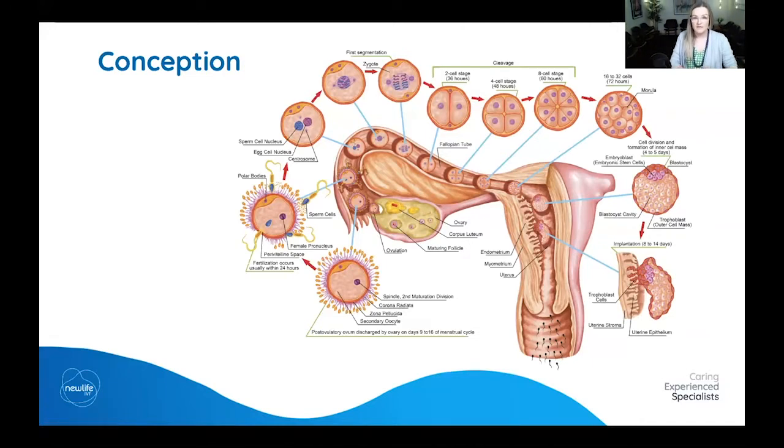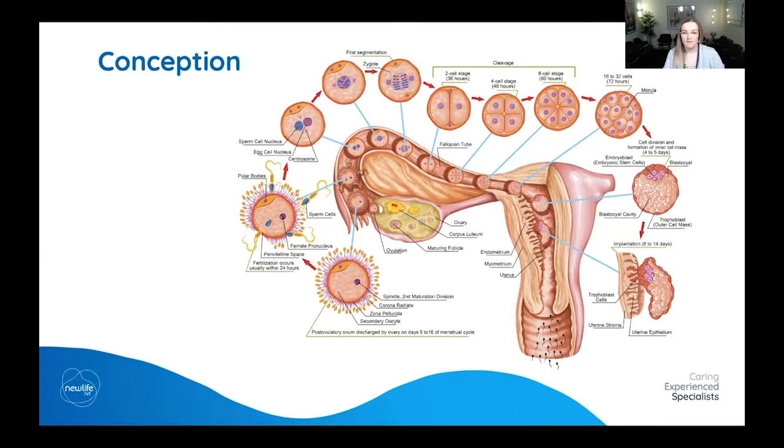So in order to conceive, you need a good quality egg to be released. You need that egg to be picked up by the fallopian tube. You need sperm to be there ready and waiting. You need the egg to be fertilised. You then need the embryo to travel down the fallopian tube to the endometrial cavity, all the time dividing and beginning to develop, at which point it reaches the endometrial cavity.